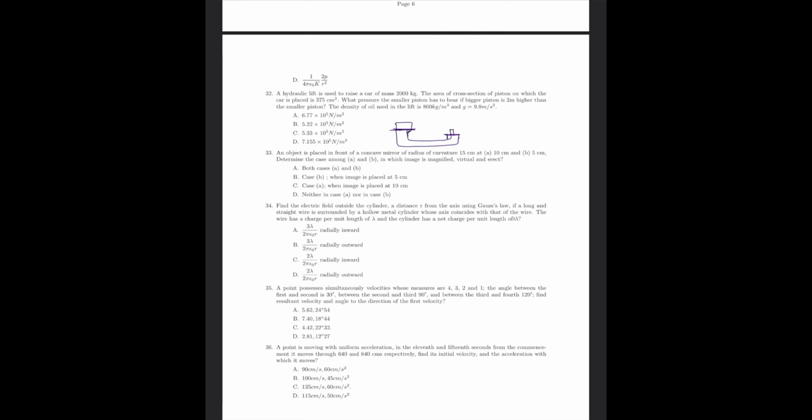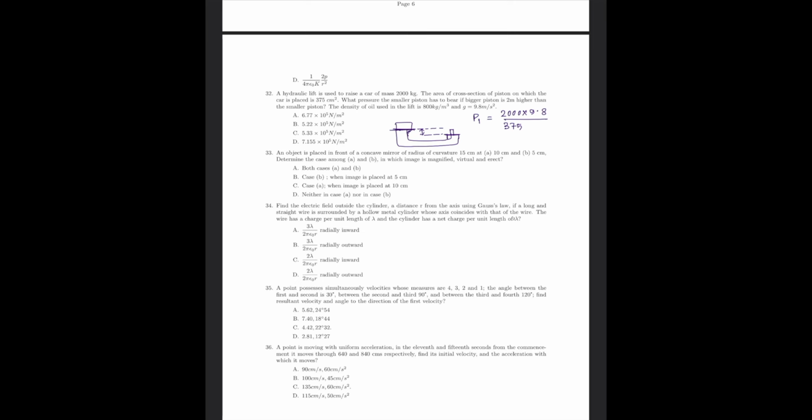As we know from Pascal's law, the pressure in the liquid has to be the same, and the only pressure difference between these two hydraulic lifts is because of their vertical distance. So the pressure in the bigger lift is basically the force, which is 2000 into 9.8, divided by 375, which is given in centimeter square. Be very careful here.